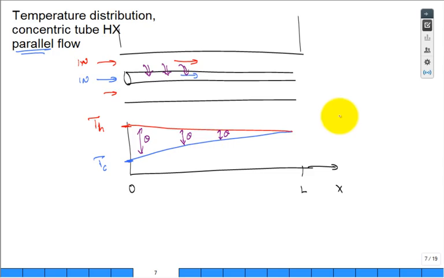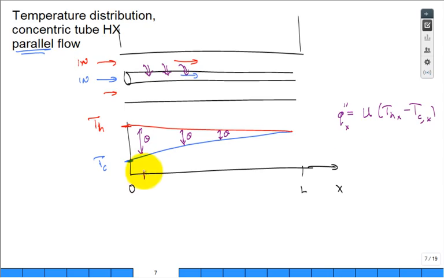And so that local heat transfer, I'll put it as a Q per unit area, is U times T hot at that location x minus T cold at that location x. This is the q at that location x.